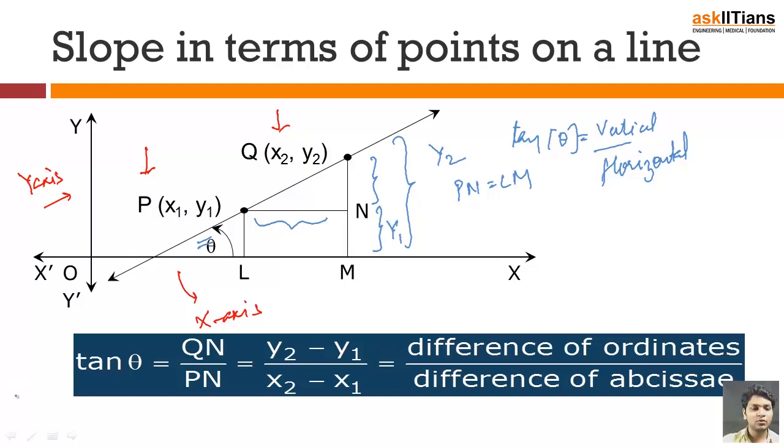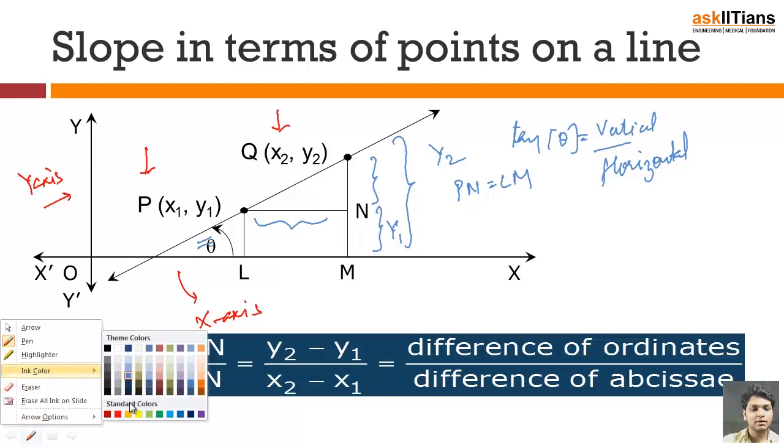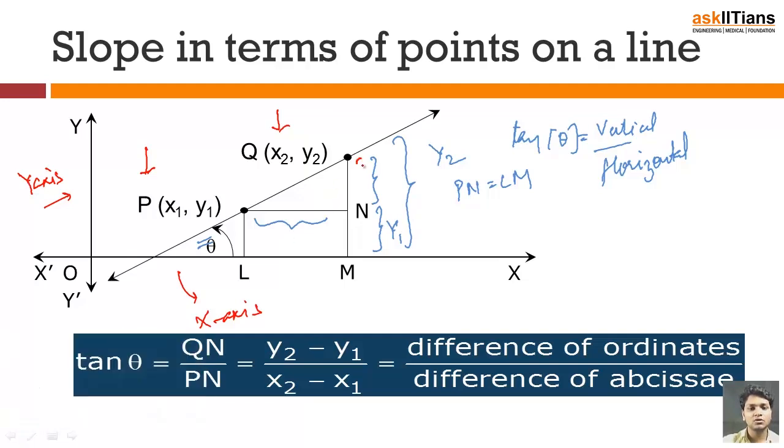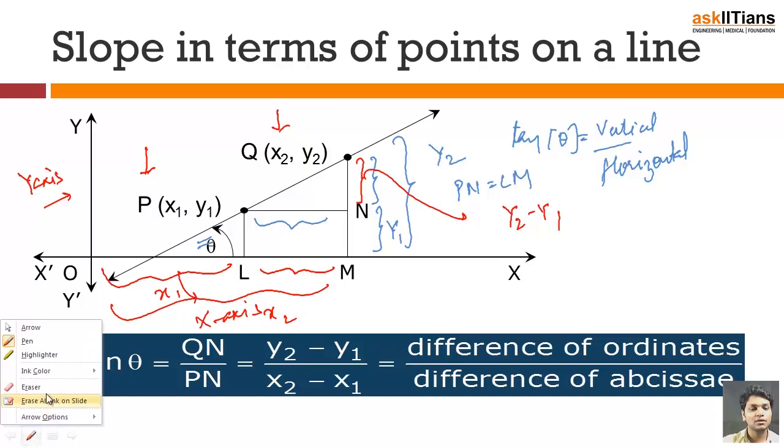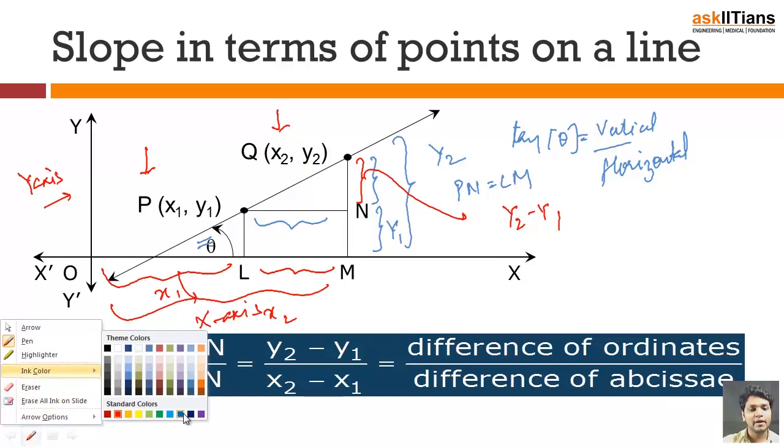So the requirement which we have over here will be nothing but the difference between these two. So this will be y2 minus y1. Based on the same analogy, I can say that O to L is x1 and O to M is x2. Hence, LM is going to be nothing but x2 minus x1.